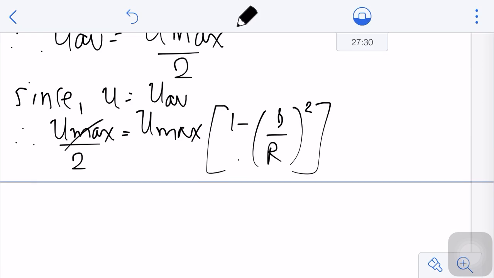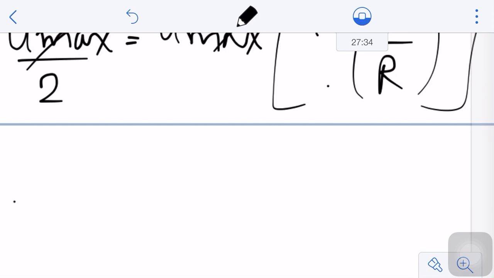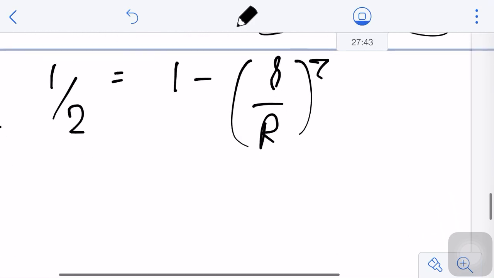So we can get rid of this u max from both sides. This equation will look like this: 1 by 2 is equal to 1 minus r upon capital R whole square.